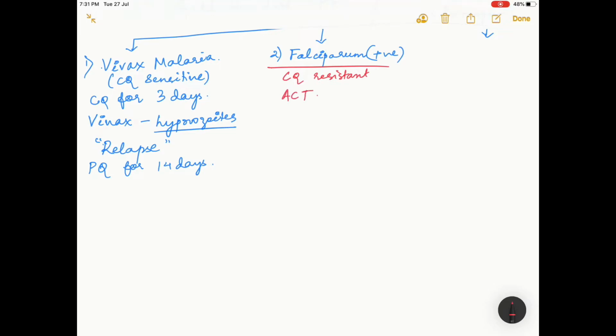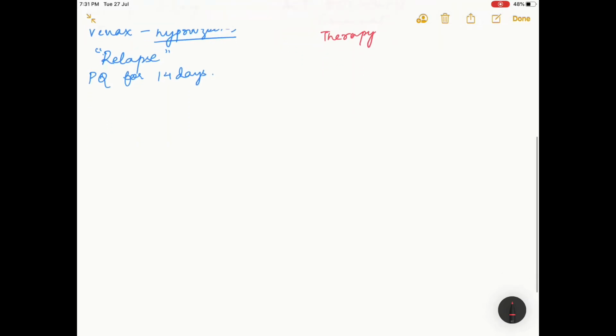What is ACT? ACT stands for artemisinin combination therapy. So it is the combination of any artemisinin plus a long-acting drug.